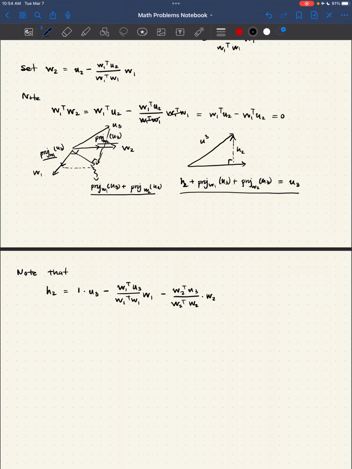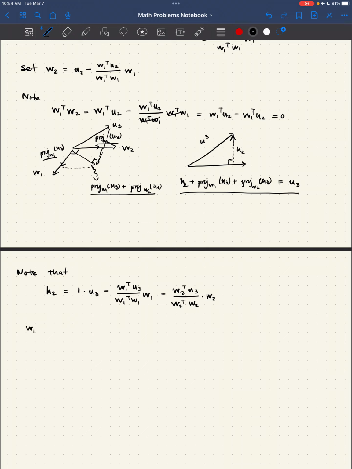Now, what I really want to check is that H2 is orthogonal to both W1 and W2, and we'll do it. So I'm going to multiply H2 on the left by the transpose of W1 and W2 respectively.